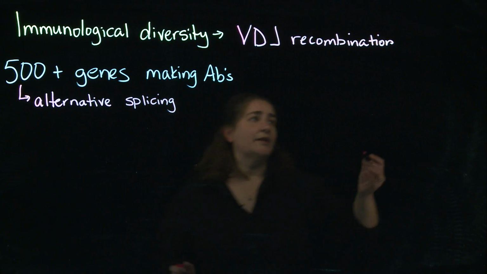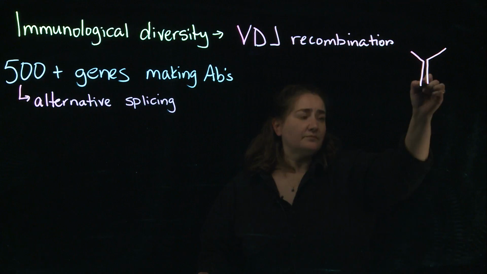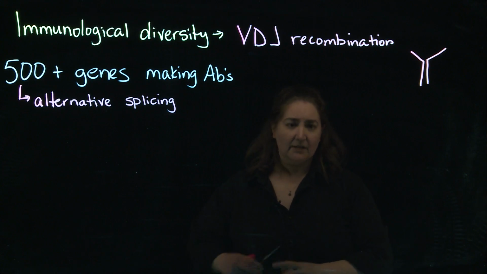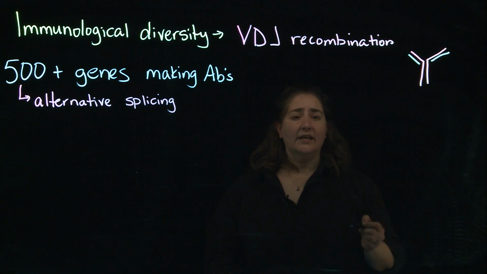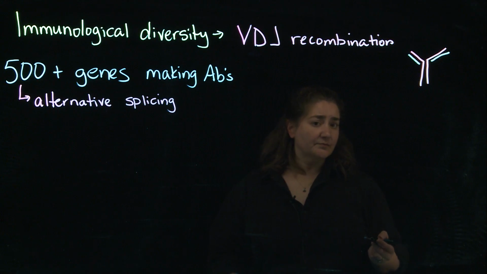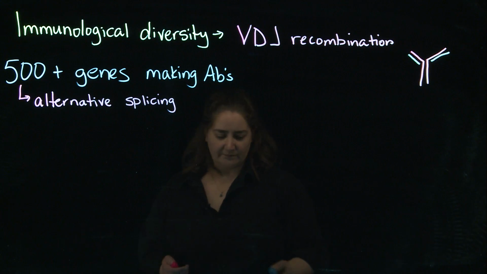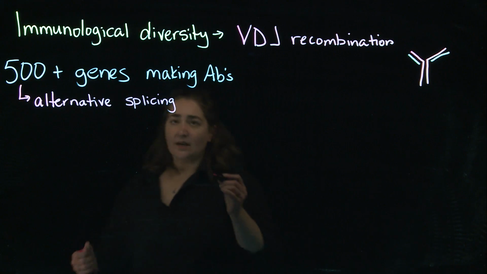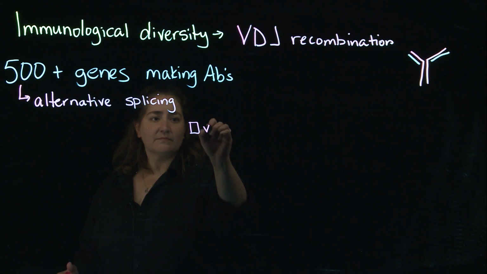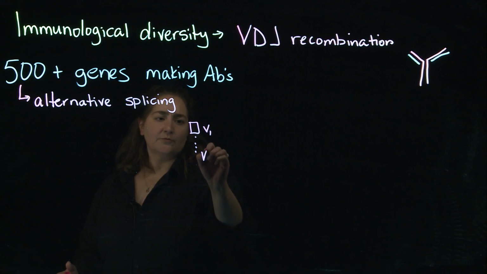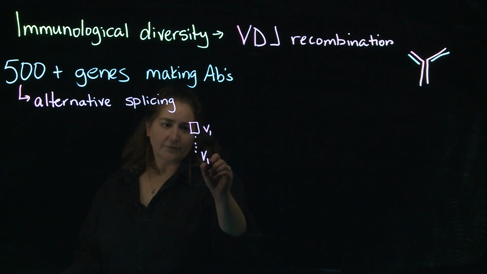So remember with our antibodies, I'm going to draw it over here. I drew this up: we had the heavy chain that I'm drawing in pink, and the light chain that I'm drawing in blue. Essentially we have a series of genes, V1 through, I forget what the number is, I think they're like 12 or 15 of them.